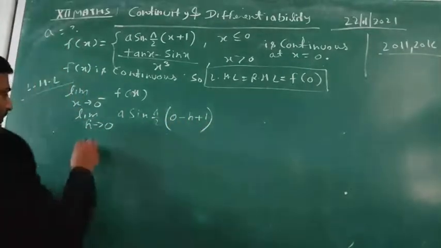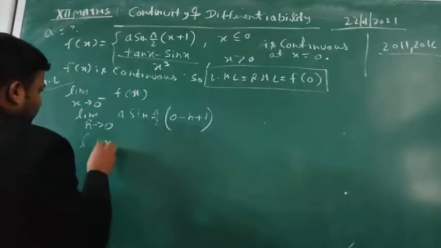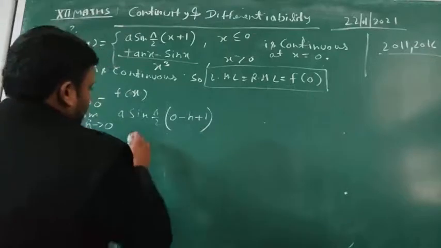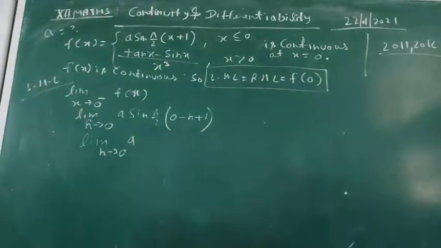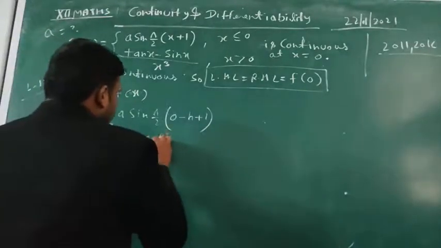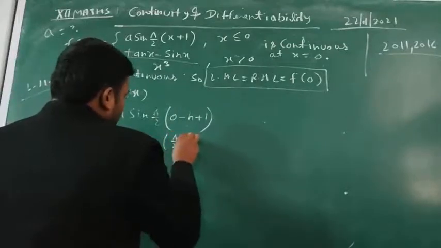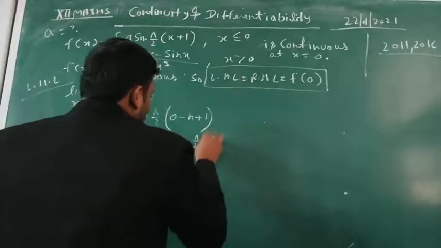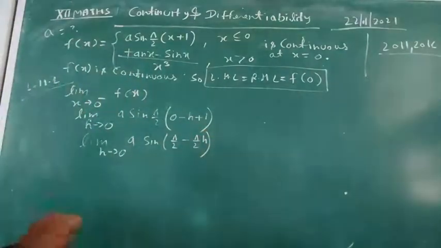So limit h tends to 0, a, we send this pi by 2 inside, we get sin(pi by 2 minus pi by 2 h).